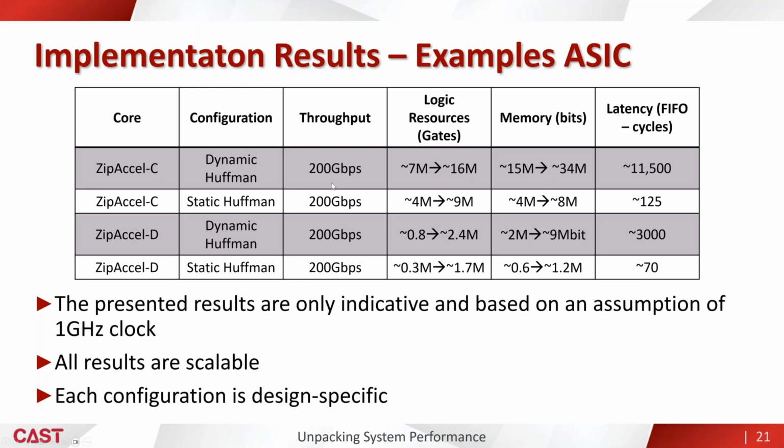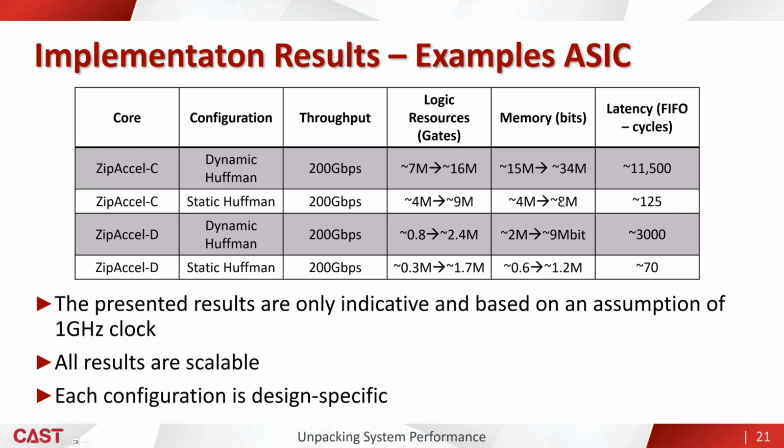All these cores have 200 gigabits per second throughput, and the size can change from 7 million gates to 16 million gates depending on the configuration you have: what kind of search algorithm you implement in your history window, the size of your history window, what size of files you have. All this will impact the configuration a lot.